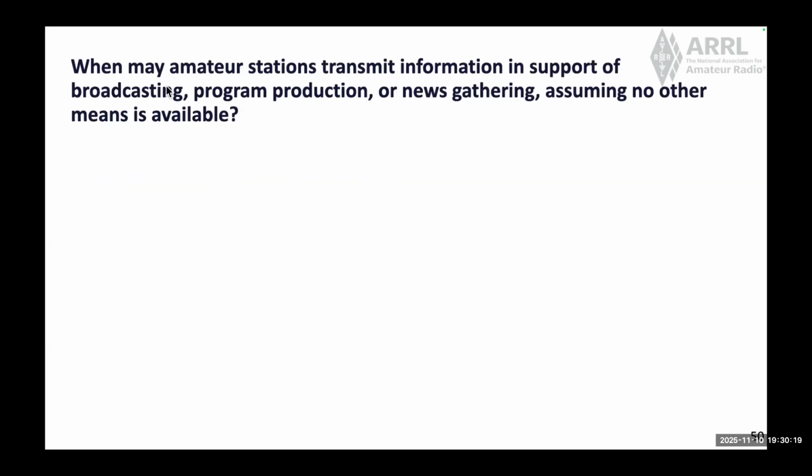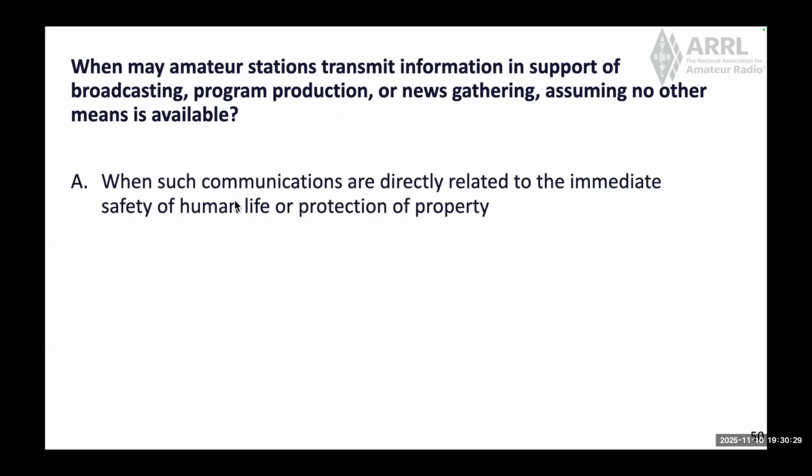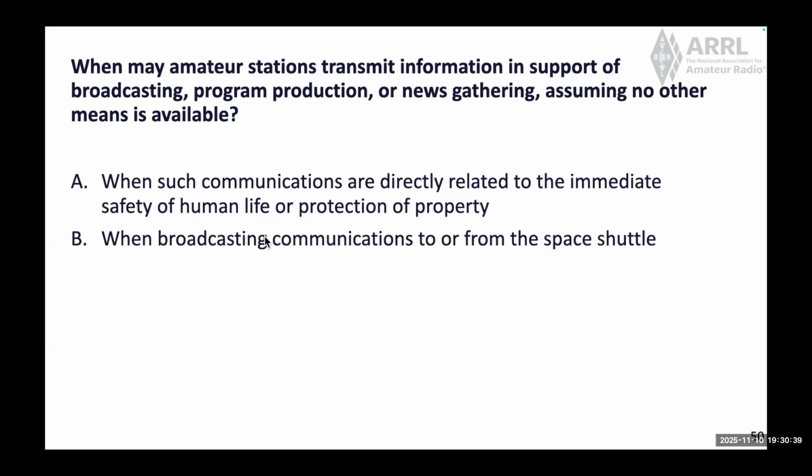All right. When may amateur stations transmit information in support of broadcasting, program production, or news gathering, assuming no other means is available? A, when such communications are directly related to the immediate safety of human life or protection of property. Now, we've talked about this before, human life.